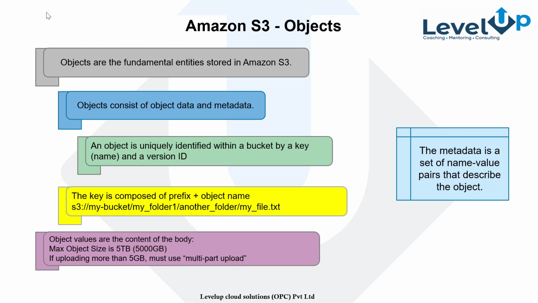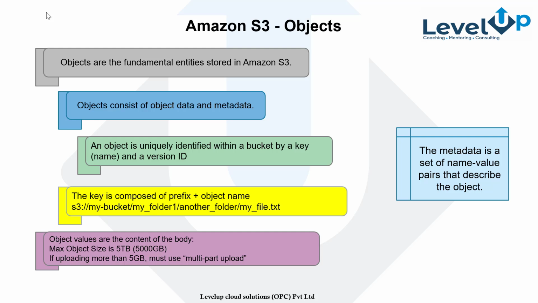Now the key is composed of two things: the bucket name and the object name in that particular bucket. If there is a folder, then the key consists of the bucket name, the folder name and the object name. So that will be the key of the object that you're going to load into the bucket.